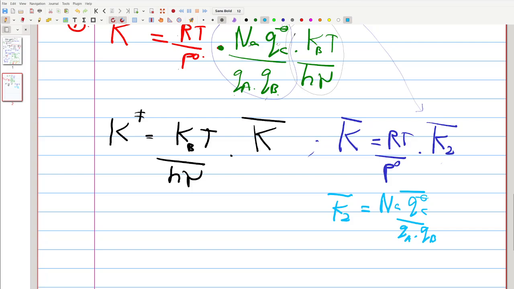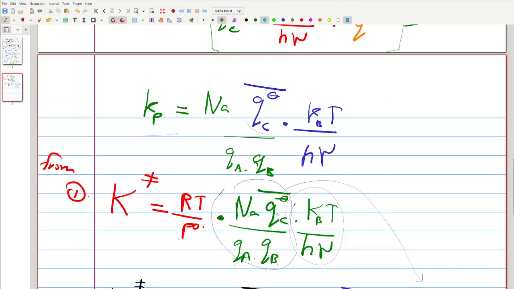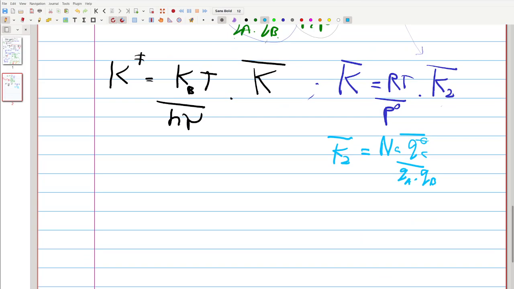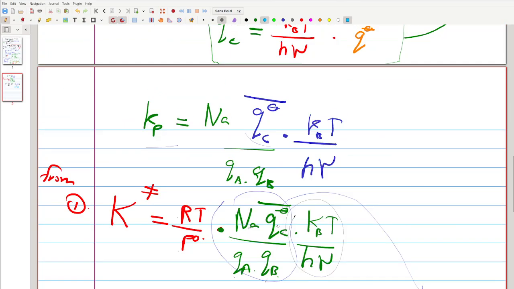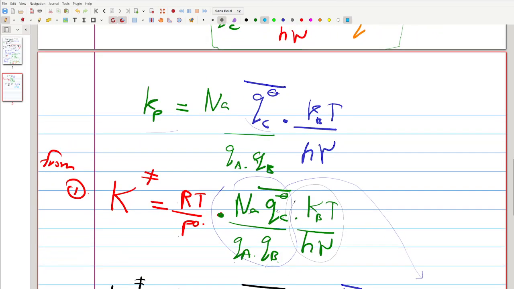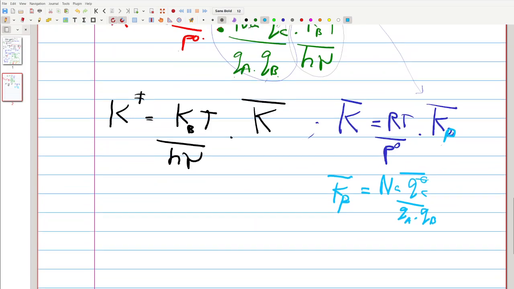It's exactly the same expression as K2. Sorry, KP bar. It's exactly the same expression as KP without the vibrational partition coefficient. So there you go. You have an expression for K double dagger, which is entirely based on the micro event that we are modeling.